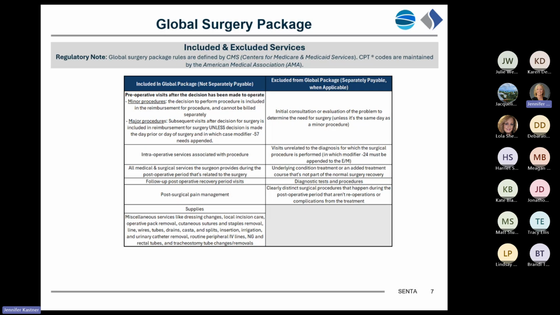Now that we know what services are inclusive, we are going to discuss the services that are excluded from the global surgery package. This means that these services are not included in the global surgery payment and can be billed separately.